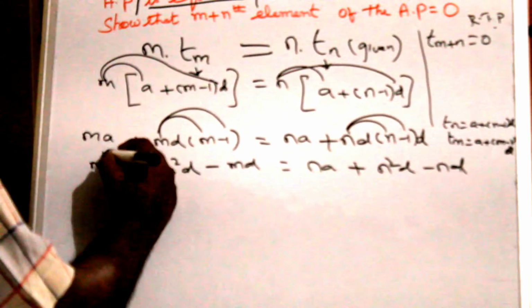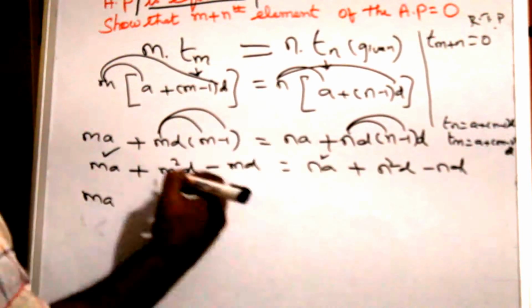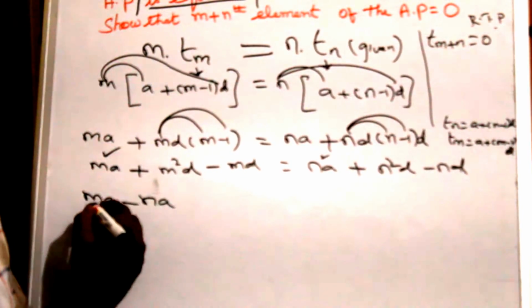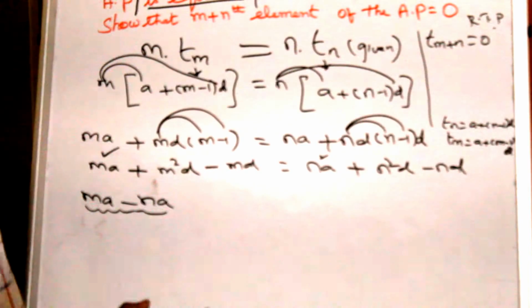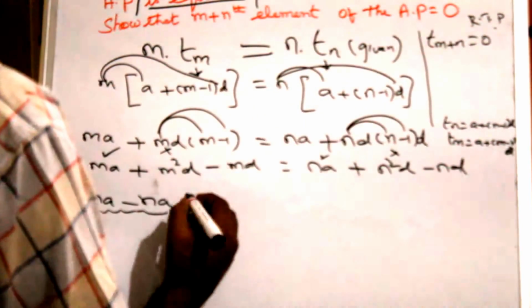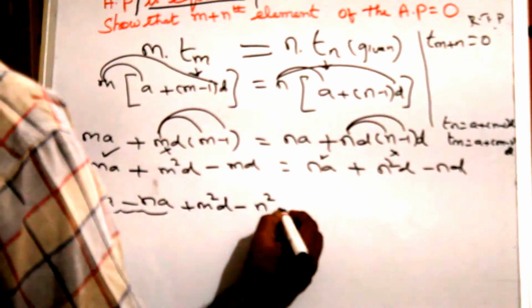Now you group the terms. You write ma first and bring the na this side, so you get minus na. This is called grouping. Next, group these two terms, I put tick, plus m square d minus n square d.